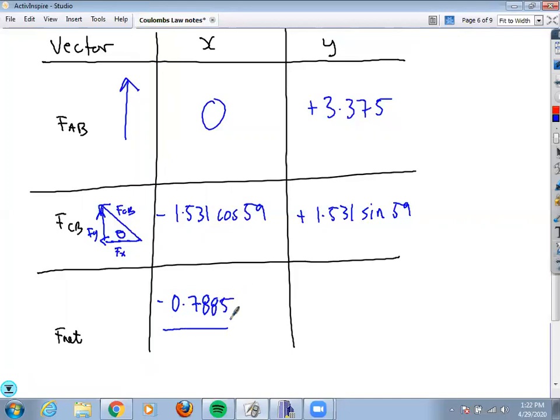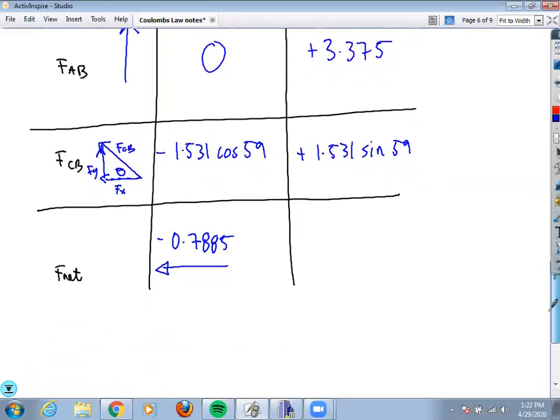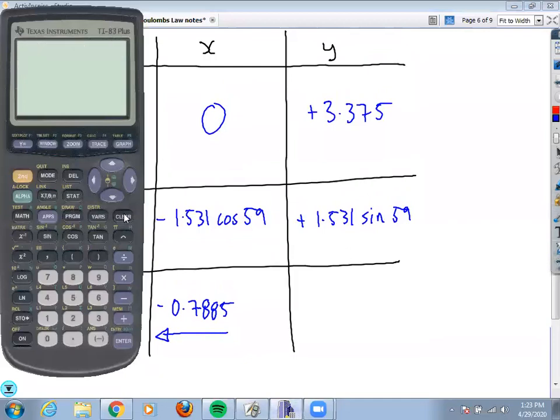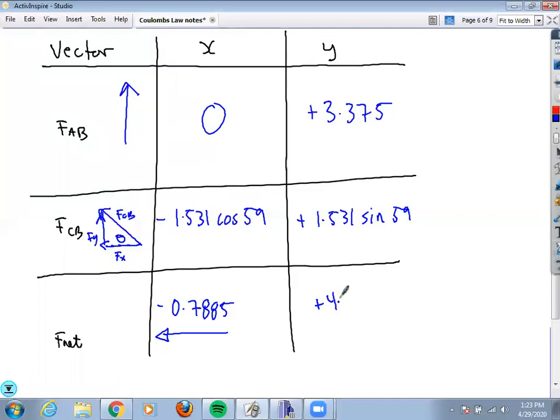So that's going to the west. And now we can add up the y. 3.375 plus 1.531 sine 59. You get 4.687 positive, which means it's going north.